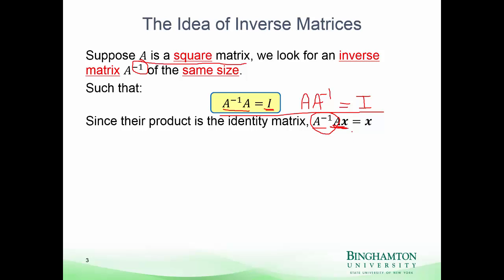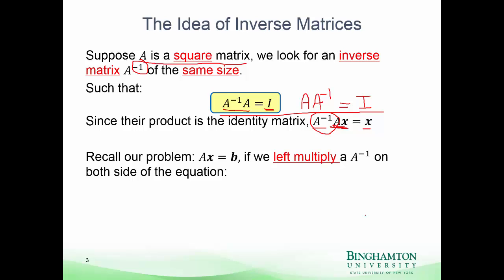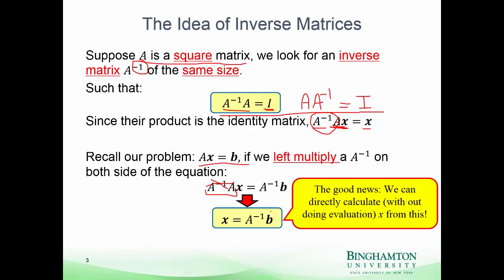The identity matrix times X gives us X, and that breaks free the X. If we left multiply by A inverse on both sides of the equation, we get something that looks like that. If A inverse really is the inverse, then this becomes the identity matrix and goes away, and we've isolated X. Our solution is X equals A inverse times B.